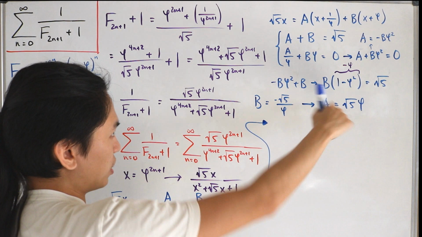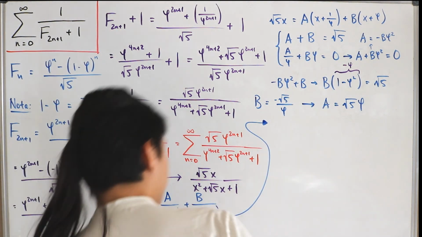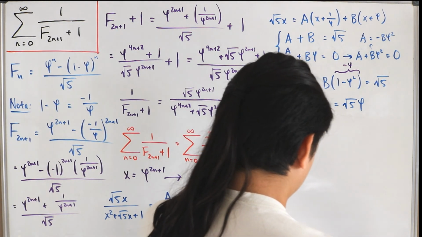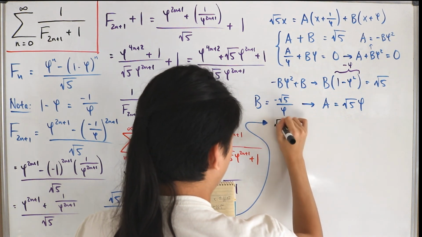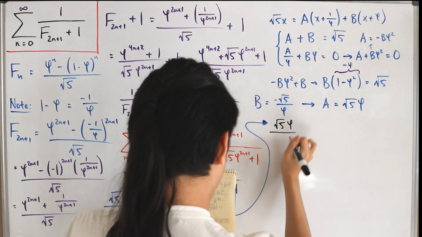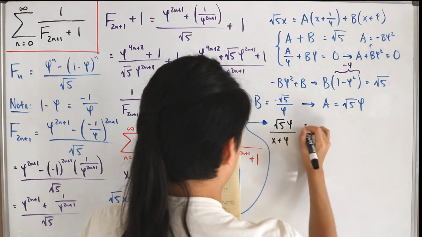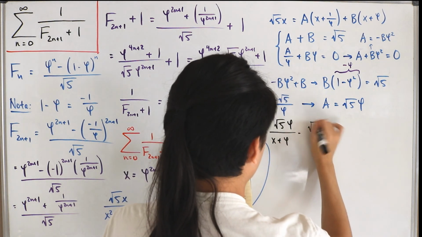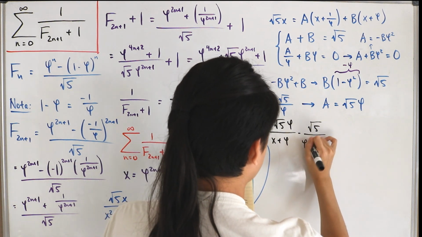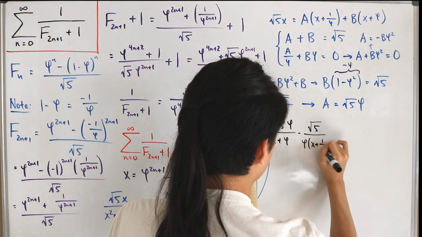Going back to here, just plugging in our a and b values, this yields the square root of 5 times 5, divided by x plus phi, then subtract the square root of 5 divided by phi times x plus 1 divided by phi.